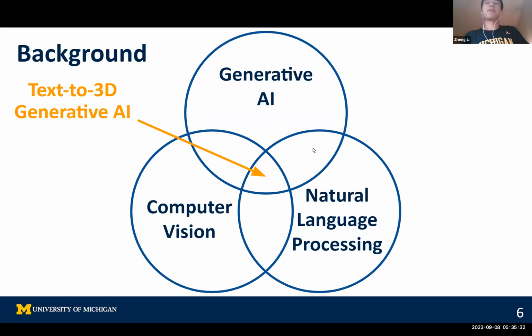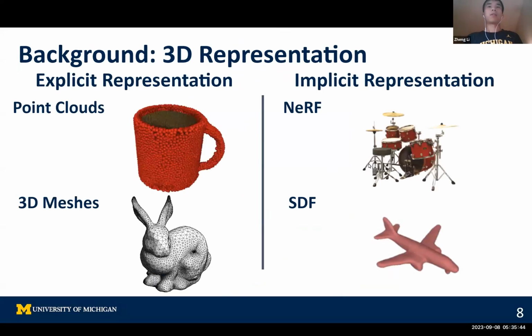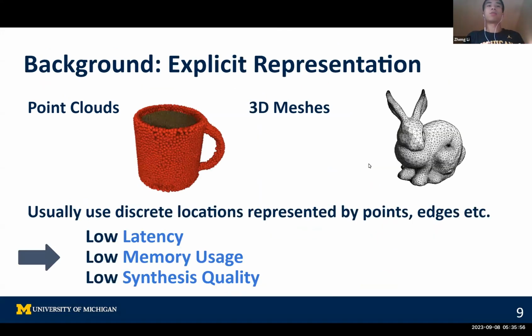Text-to-3D generative AI is located in the intersection of several AI research areas. From the computer vision aspect, we need to select a 3D representation for our final output. Current 3D representations can be classified into several categories. The first category is explicit representation, and this kind of representation usually uses discrete locations to represent its 3D model.